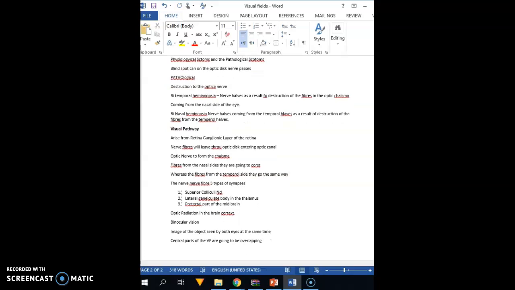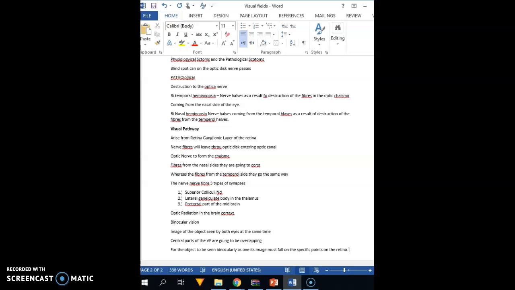For an object to be seen binocularly as one, its image must fall on specific points on the retina.